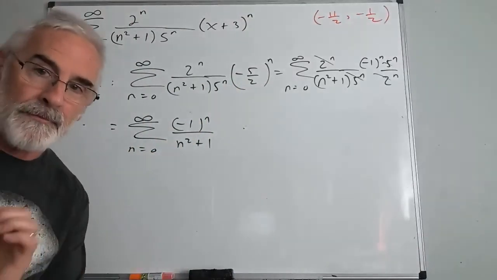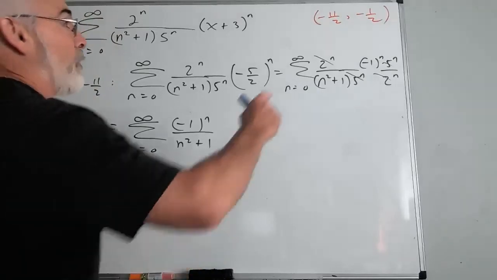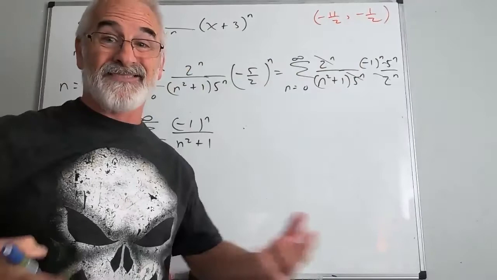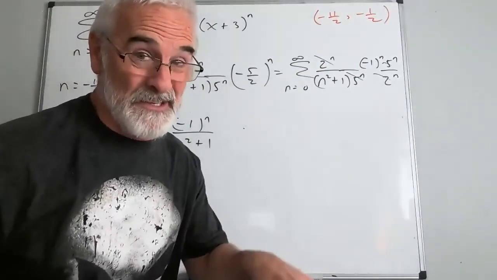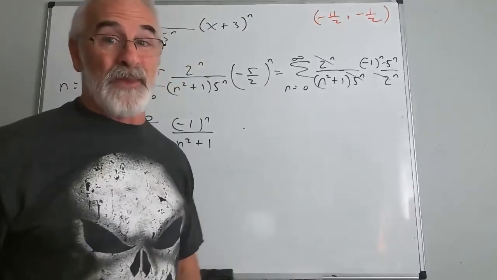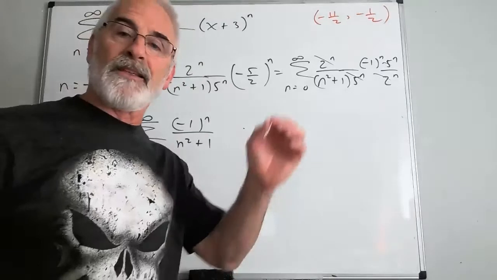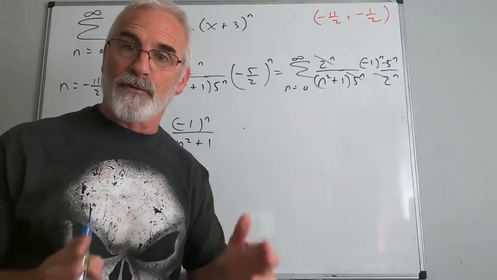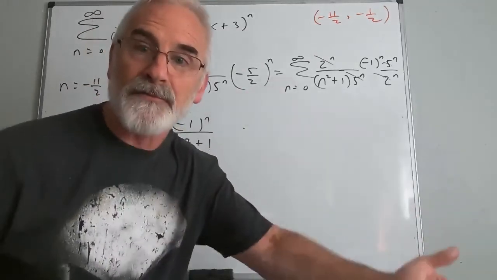Now, part of the reason it's not a bad idea to write it out is that every now and then, when we're putting the endpoints in, we actually make a mistake, and that thing we looked at maybe didn't converge. Assuming I didn't make a mistake plugging in the -1/2, and I got that particular summation 1 over n squared plus 1, and that converged, I actually don't have to do the second half.